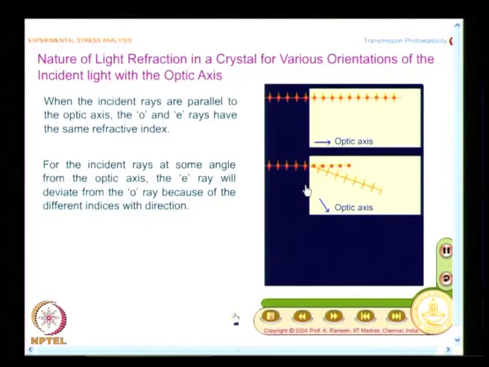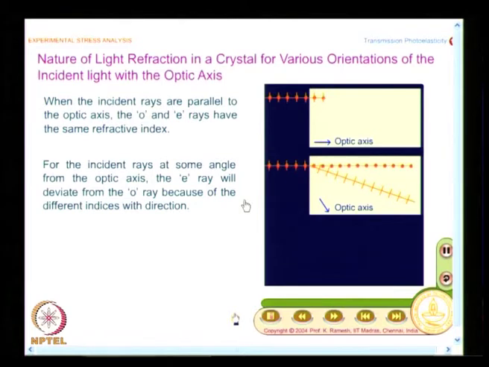If it is at an angle, you see two refracted beams which travel with different velocities and their planes of vibration are mutually perpendicular. Even this is not useful in photoelasticity. This is not useful in photoelasticity, neither is this useful in photoelasticity. This is only to understand that within a crystal you have double refraction, you see two images and so on and so forth.